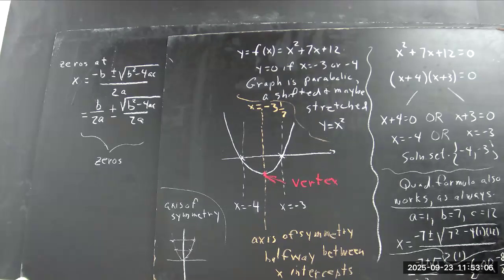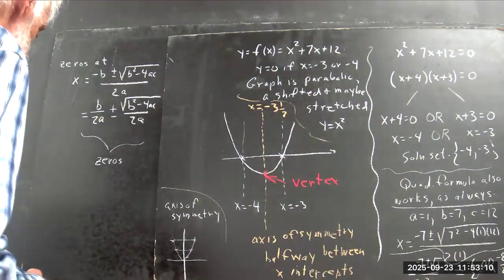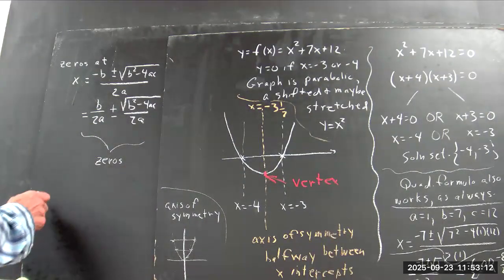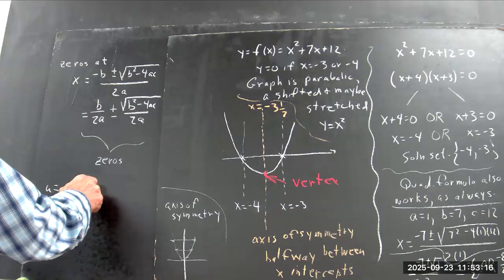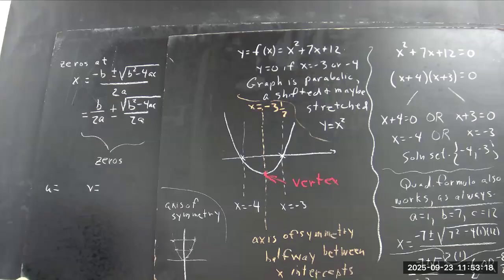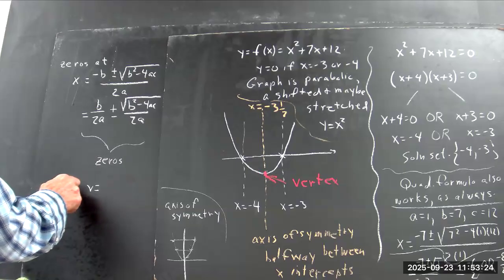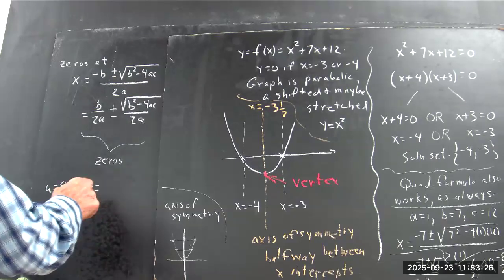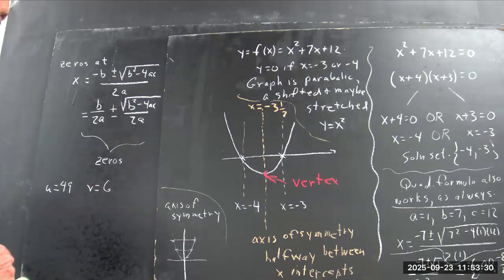We're going to call those numbers U and V. So my pick might be U is 49 and V is, between 3 and 7, I'll choose 6.